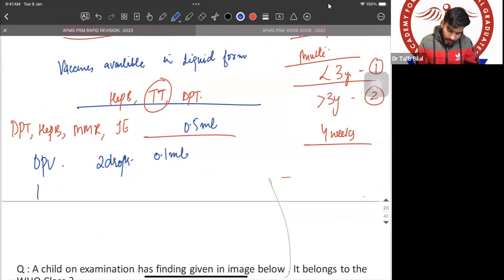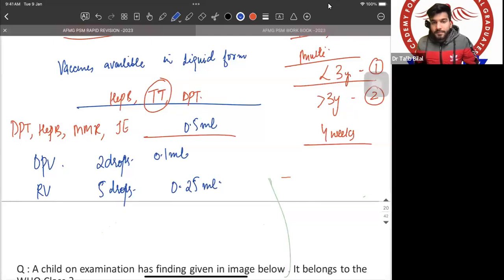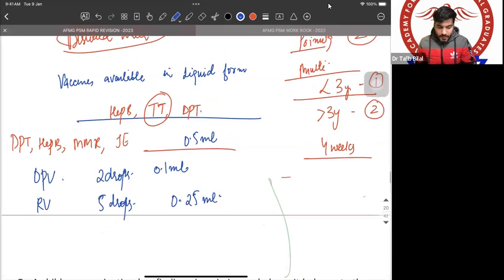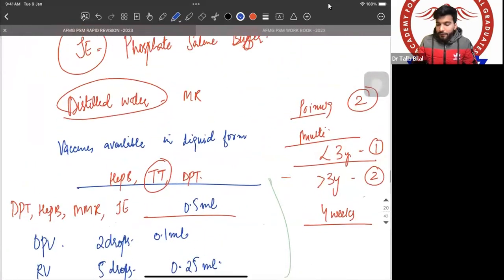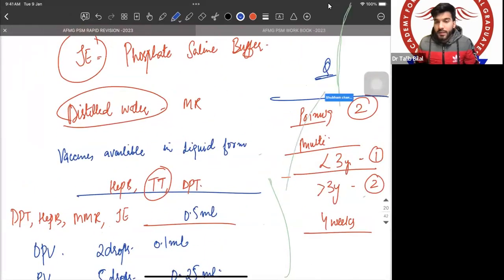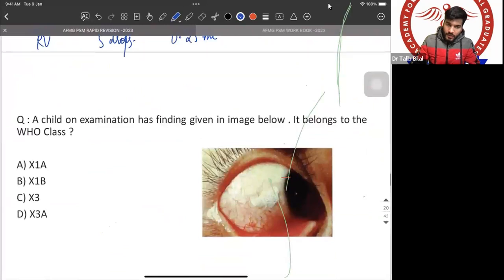Rota vaccine is 5 drops, around 0.25 ml. Okay, guys, that is all about vaccination. A question can come from pregnancy: what is the vaccination schedule for tetanus? Live influenza vaccine is given through the nasal route.